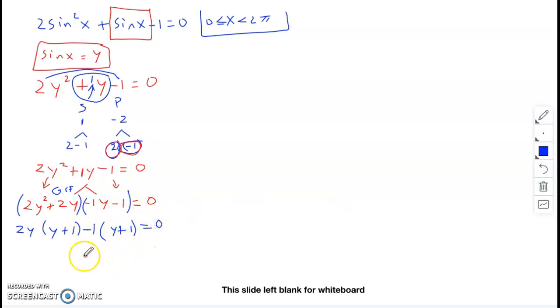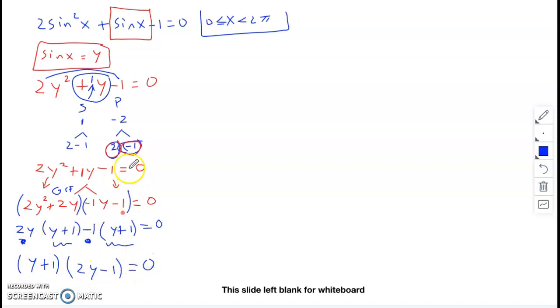When I'm doing grouping, as soon as I do the greatest common factor, these parentheses have to be the same. When the parentheses are the same, technically I'm doing another greatest common factor, which is bringing that parenthesis as a common factor, open a parenthesis, and whatever's on the outside of those 2 parentheses will come to my second parenthesis.